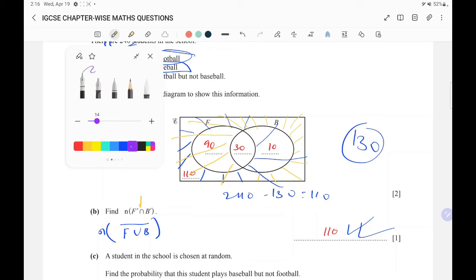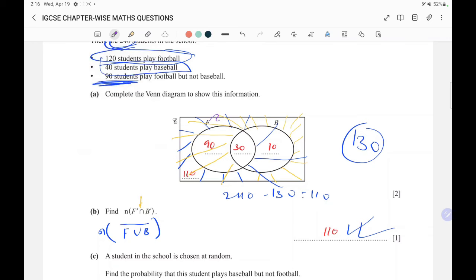So blue and yellow are here. This one is only blue, this is neither, this is only yellow, this is neither, this is only blue, so we will not consider this one. So see, automatically we got the outer boundary, so this is 110, that's why this is 110.